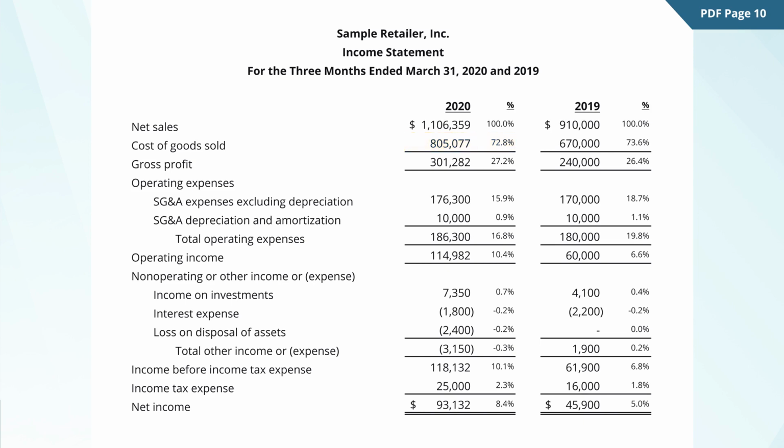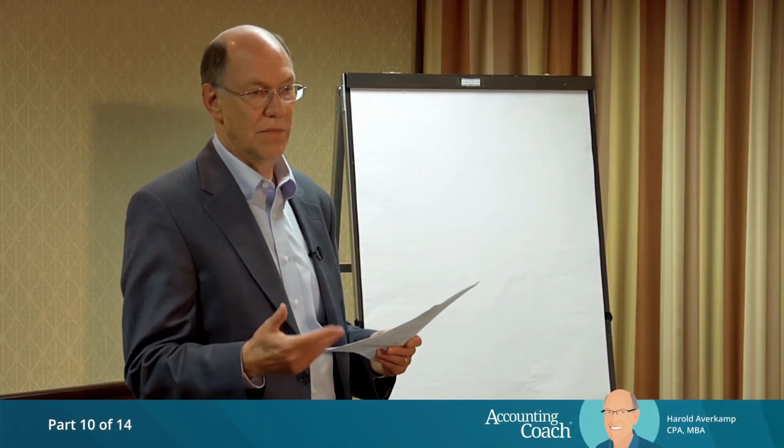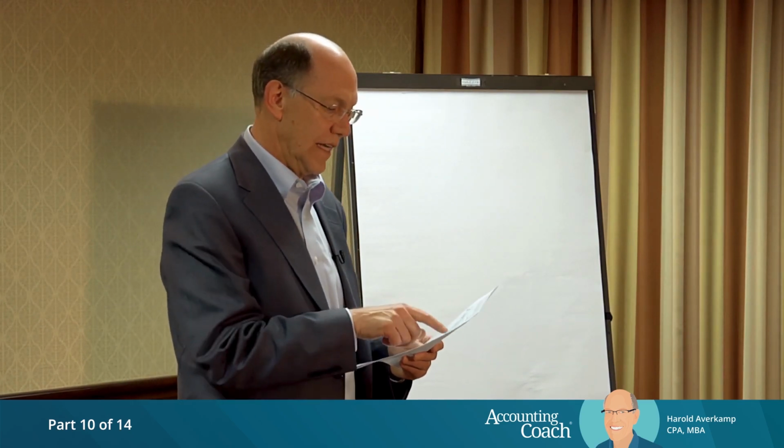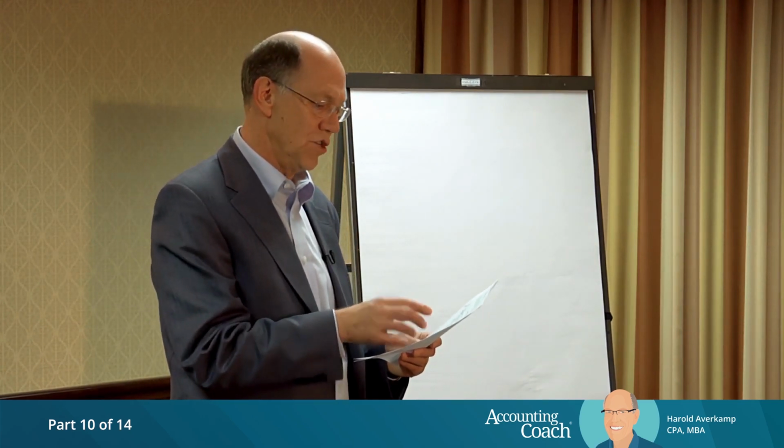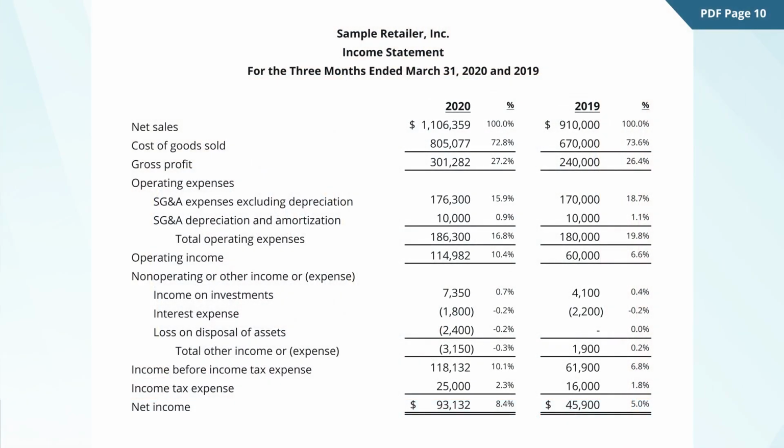And the result of subtracting gives us the gross profit, and we can quickly see that the gross margin is 27.2%. So the advantage of having percentages on your statements is that the operator of the business or a manager, the owner, whoever, can quickly see what's happening to their margin, and with the comparative income statement, it's even more insightful, because right before them they can see for the same 3-month period, January, February, and March, the gross profit margin was only 26.4.